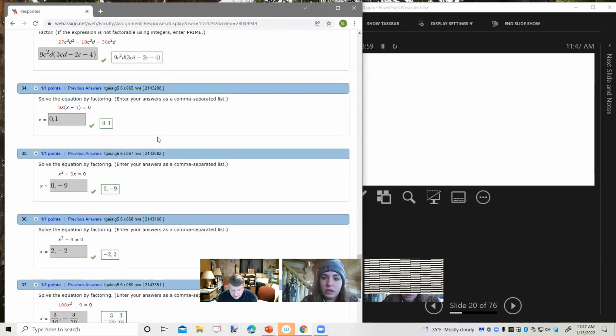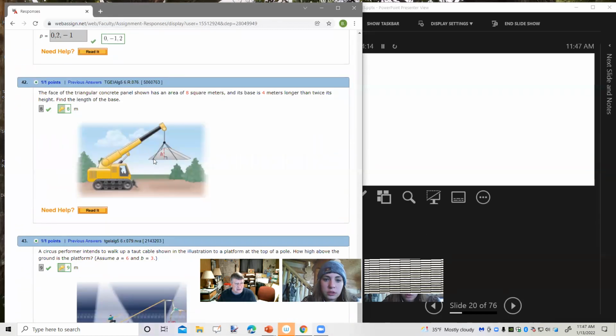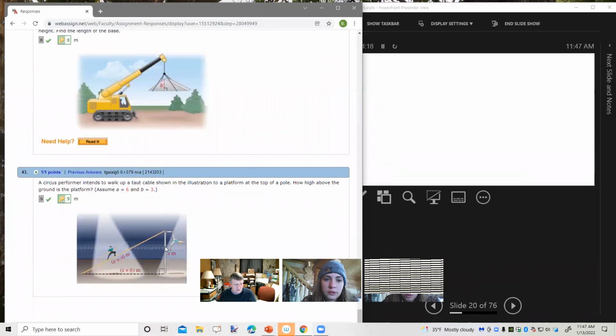The other advice pertains to applications like we've been doing. If you get a negative answer and in the given situation a negative answer doesn't apply, then don't use it. So for instance, if you're doing something like this, where you're dealing with the sides of a triangle or sides here, both of these are involving a distance, so your answer wouldn't be negative, okay?